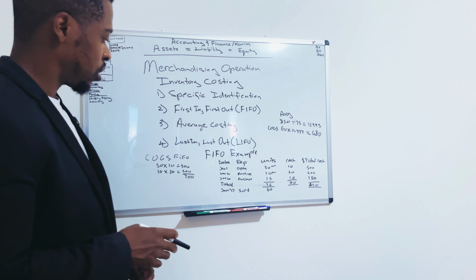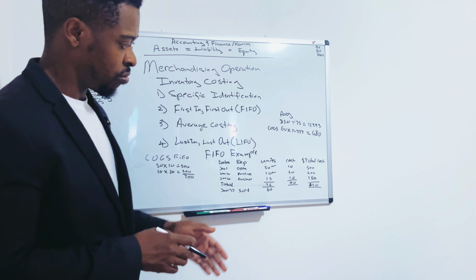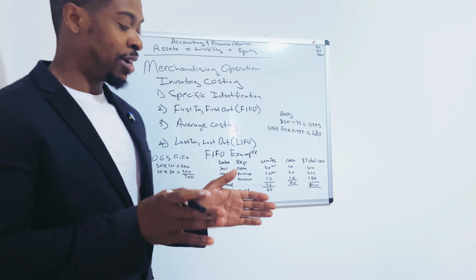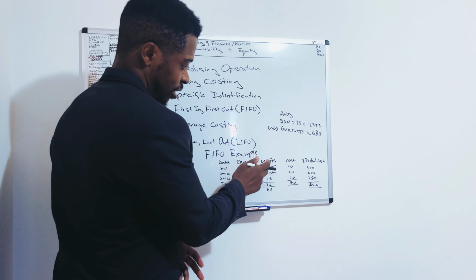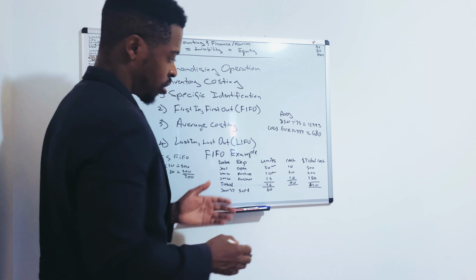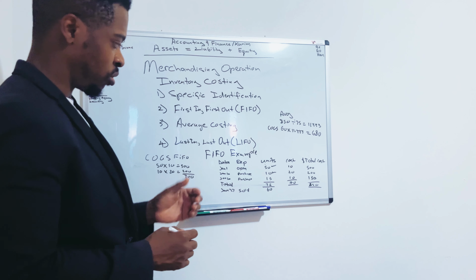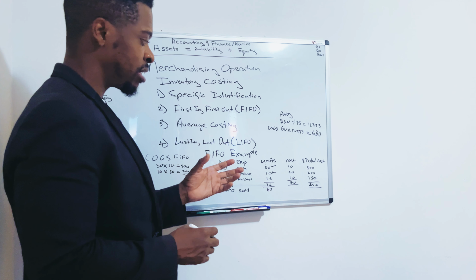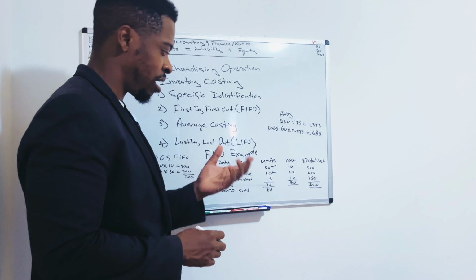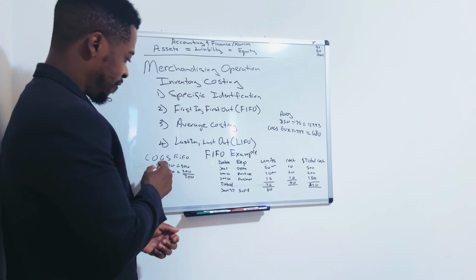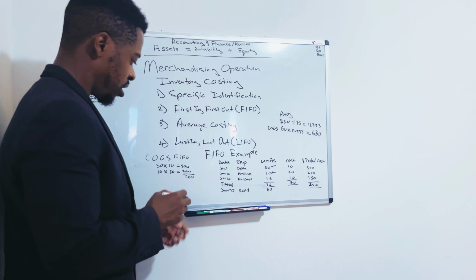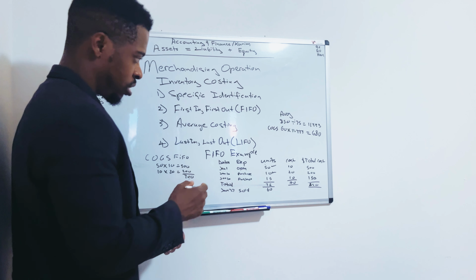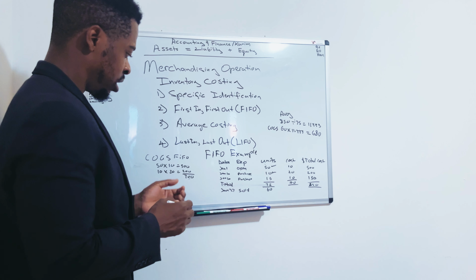Let's have a look. So cost of goods sold, remember, first in, first out, FIFO. So we're going back from the beginning and we're saying the 50 plus 10 equals 60, right? So we need to see how much should we allocate to cost of goods sold. So 50 units were at $10 per unit, that's 500. And 10 units were at $20 per unit, that's 200.